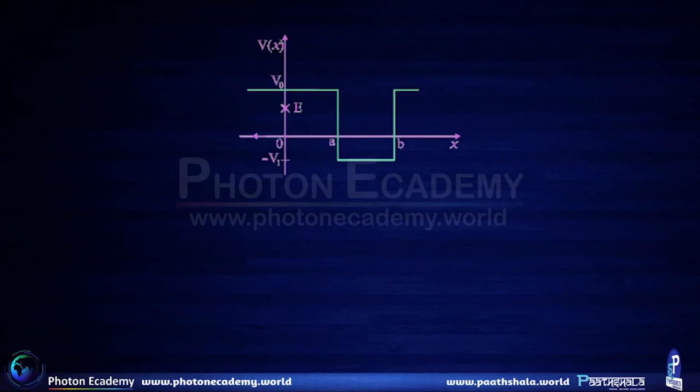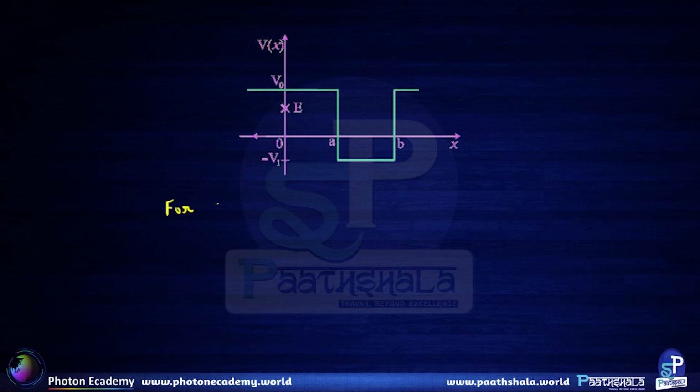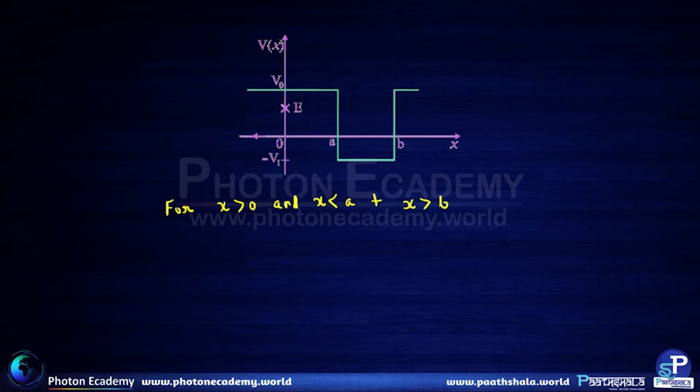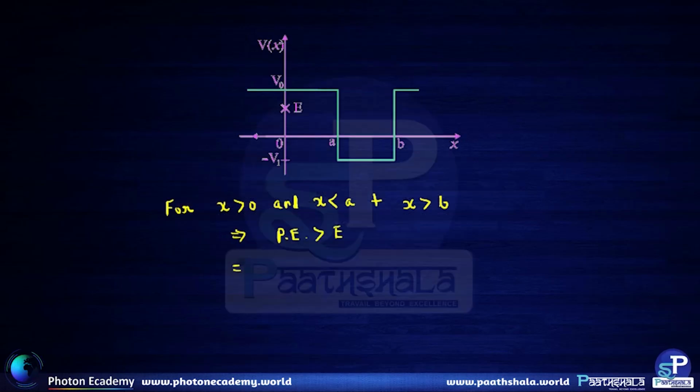Let's see the third case. Here, for x in the region between x greater than 0 and x less than a, plus x greater than b, we can see that potential energy is greater than E, which implies that kinetic energy in these regions will be negative, which is not possible.